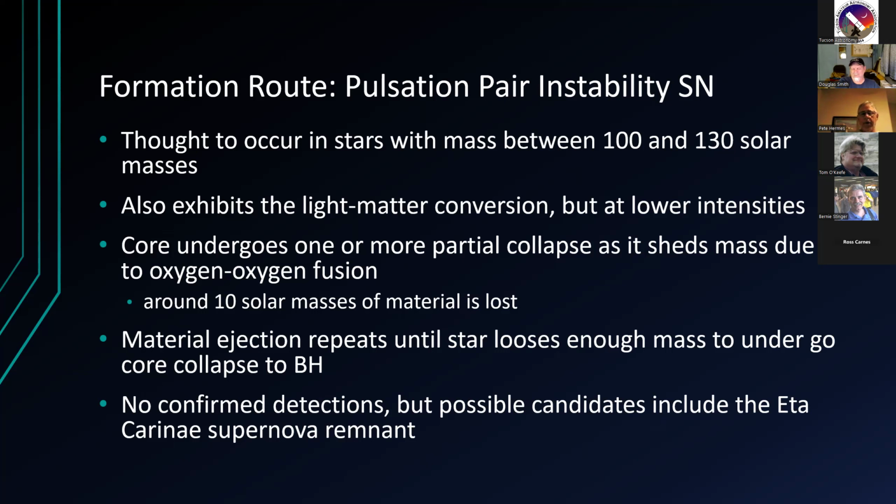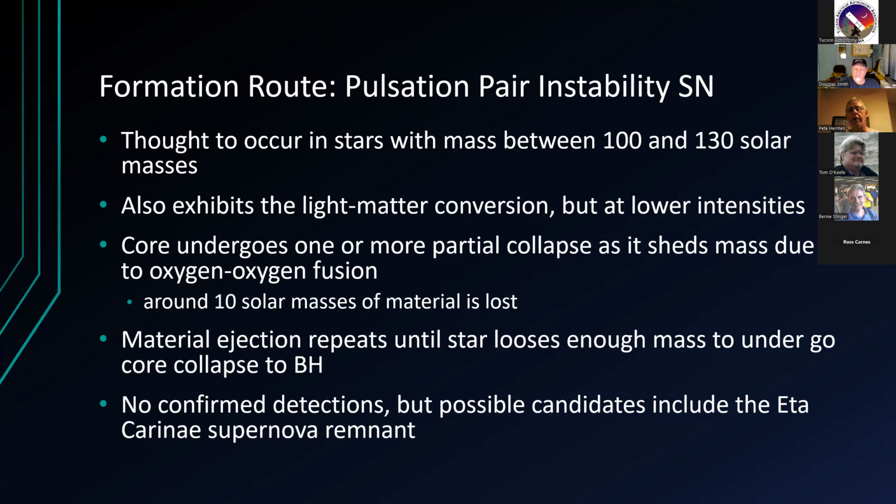During this process of repeated ejecting light, partial collapse, ejecting light, partial collapse, you can lose up to 10 solar masses of total material. And eventually this ejection process will repeat enough that the star can finally undergo core collapse into a regular black hole. Well, undergo the core collapse process of black hole formation.